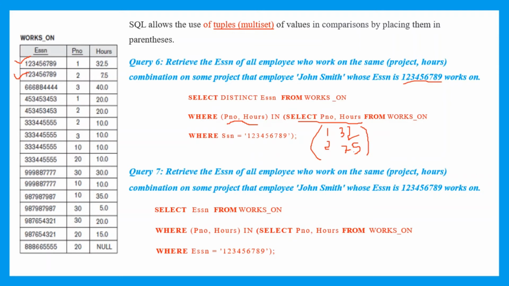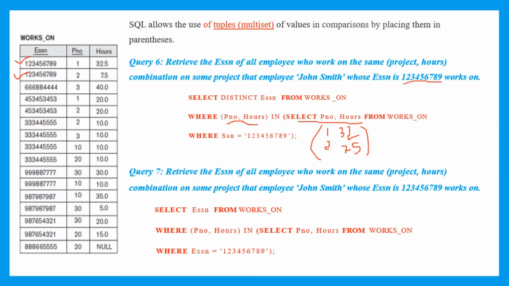What will happen when I make use of DISTINCT ESSN: the duplicate ESSN numbers are eliminated. So SELECT DISTINCT ESSN means that in the result, duplicate ESSN numbers are going to be eliminated and it is going to keep only one ESSN number per person.